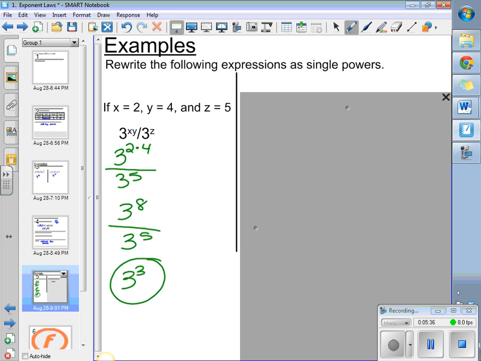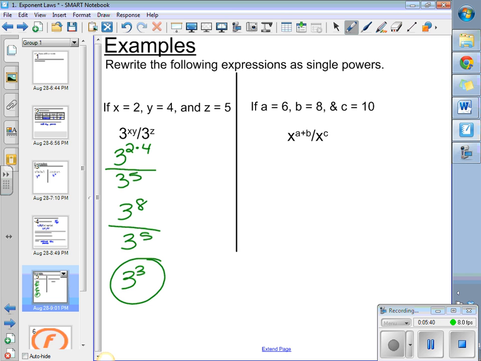And next we have x to the power of 6 plus 8, and x to the power of 10.